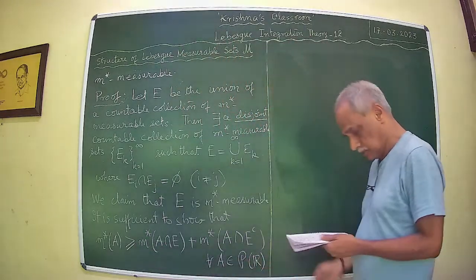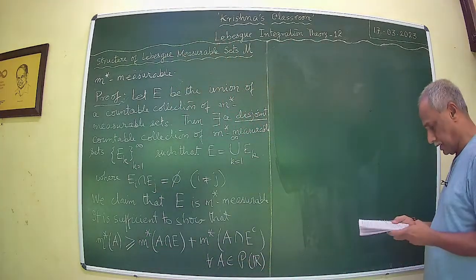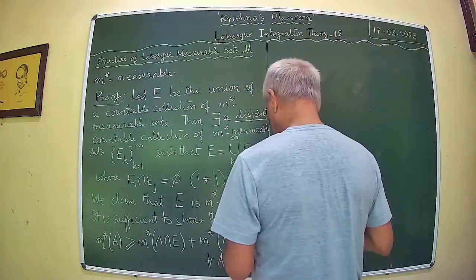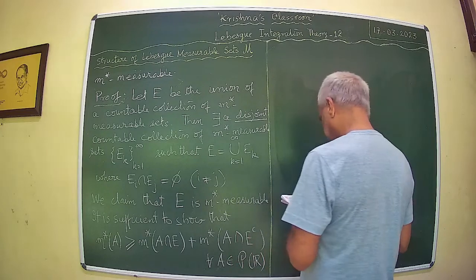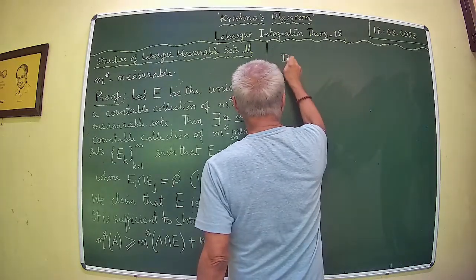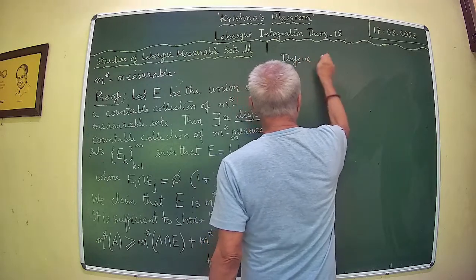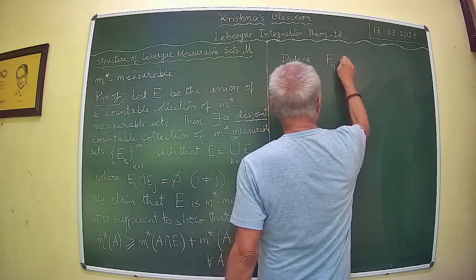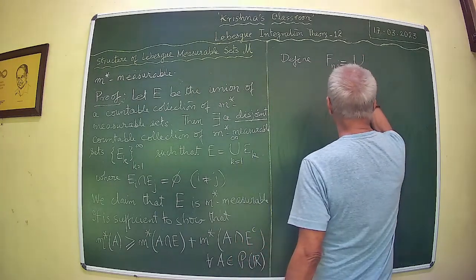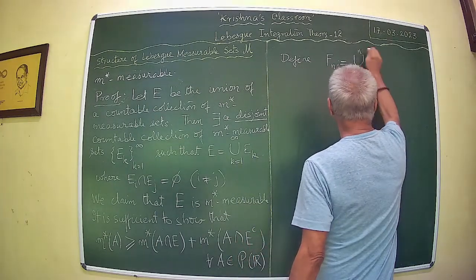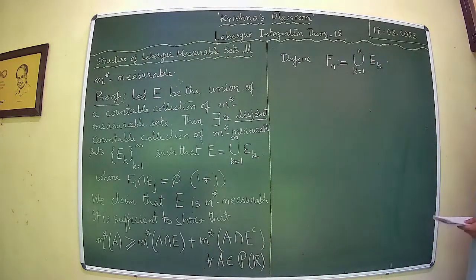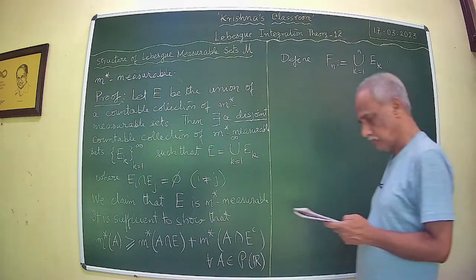Okay, so what we do is, make the following observation. Define F_n, it's a finite union of E_i's. Okay.